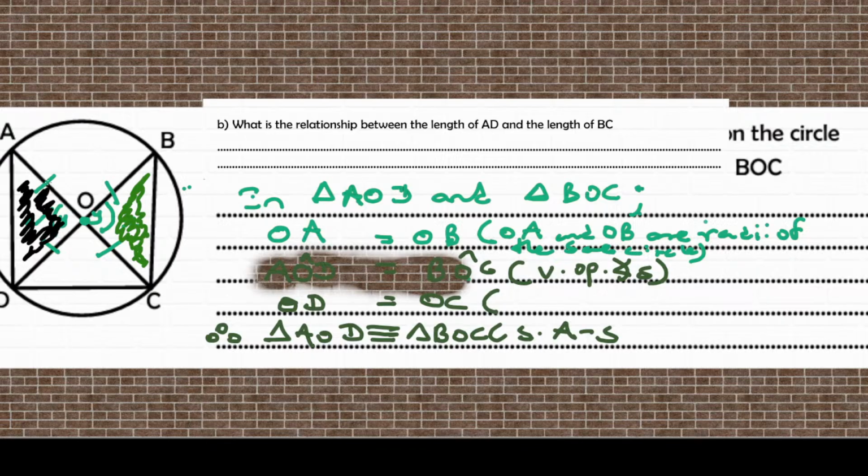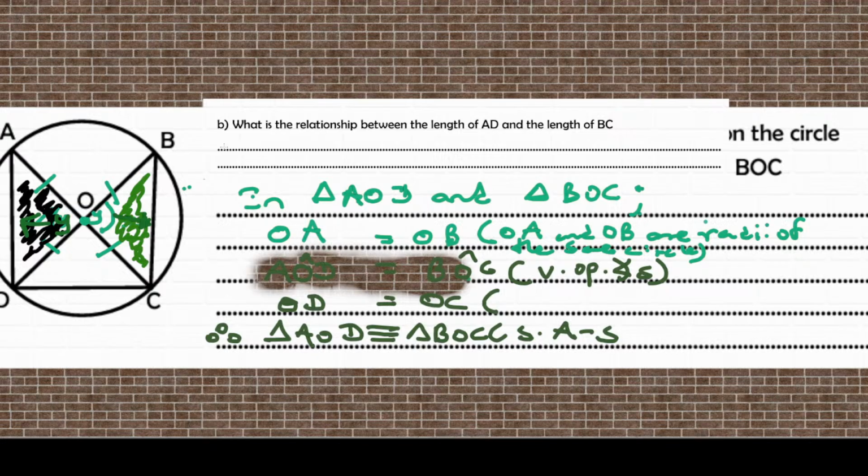In the black triangle, AD is in front of the angle which we have marked as Y. And in the green triangle, BC is also in front of Y that we marked in that triangle. They are corresponding sides. Why? They are in the same location.